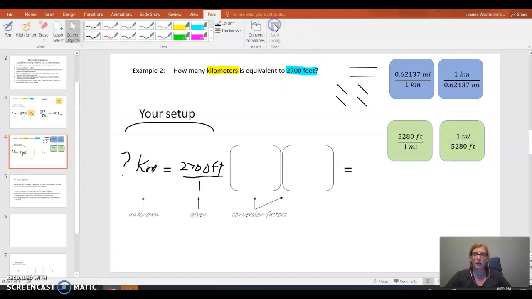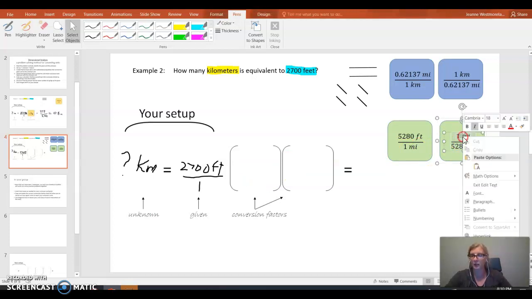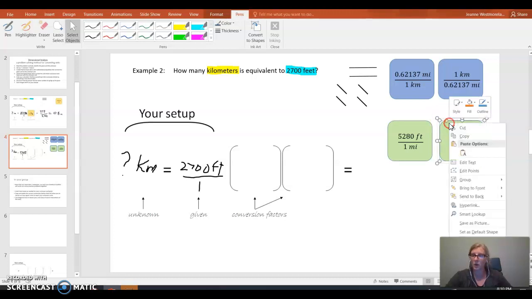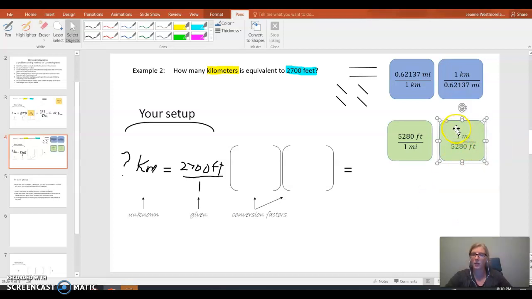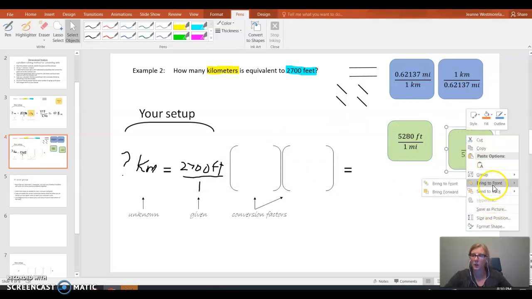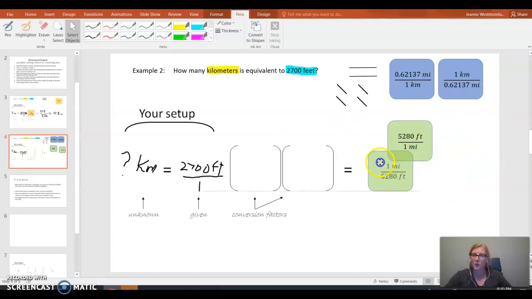And because this green one with feet in the denominator will allow the feet to factor out as the fractions are multiplied, that's the one I'm going to choose. So essentially I want to choose the fraction that will get me from feet to miles.